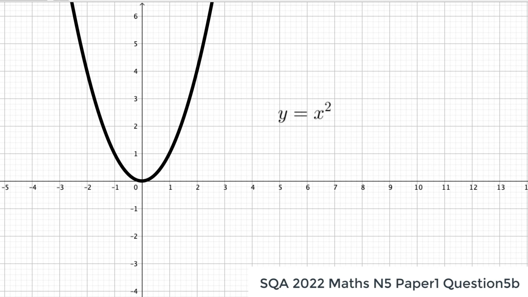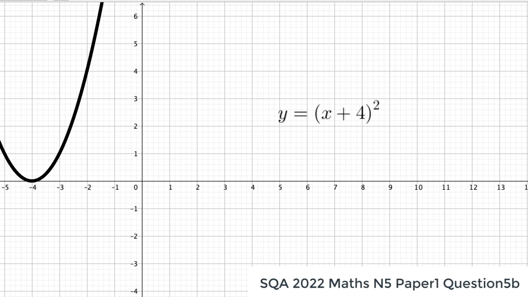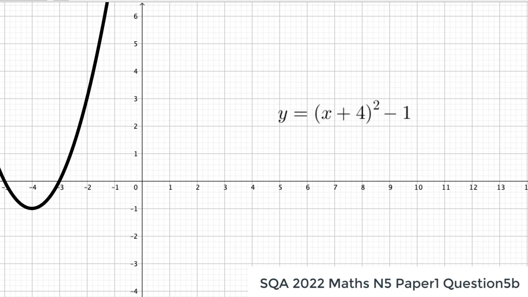Now the graph, we're trying to find the minimum value, or the coordinates of the minimum turning point. Well, we didn't know it was a minimum, we do now, is x plus 4 all squared minus 1.